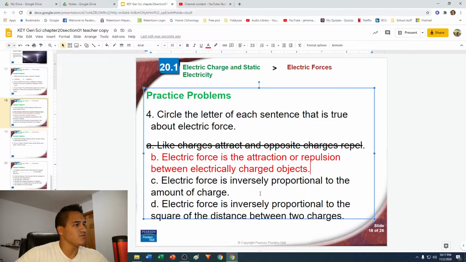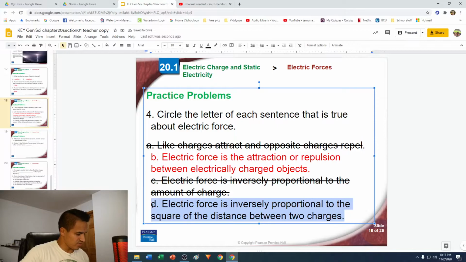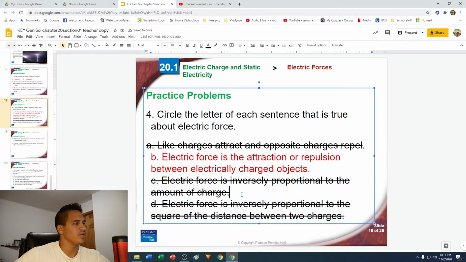Letter C, electric force is inversely proportional to the amount of charge. All right, so there's nothing in the notes that mentioned anything about proportions, so this one we're just going to say nope. And then letter D, electric force is inversely proportional to the square of the distance between two charges. Again, same thing, nothing in the notes that mentioned anything about inverse proportions, so we're just going to say letter B.